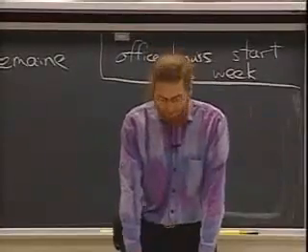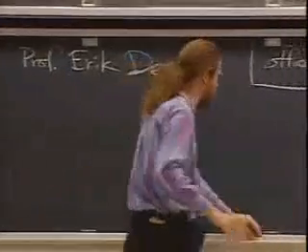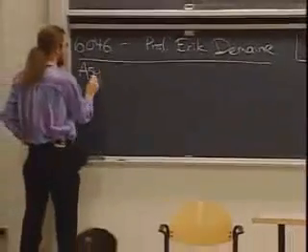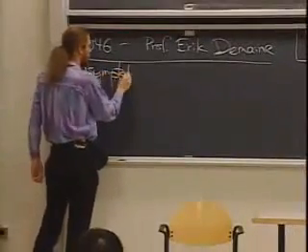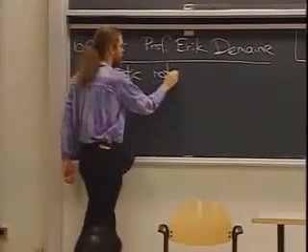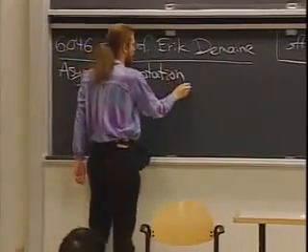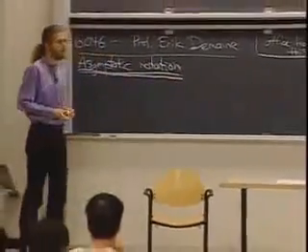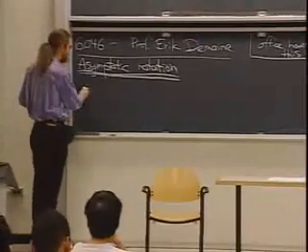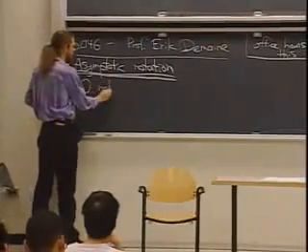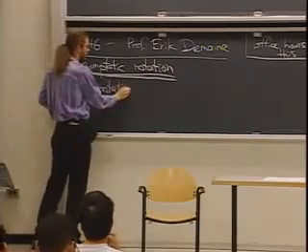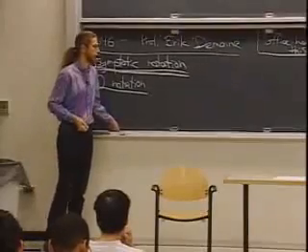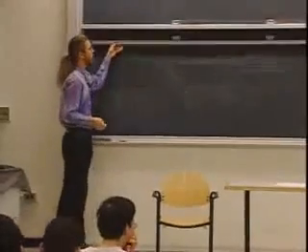OK, so let's start with asymptotic notation. We've seen some basic asymptotic notation, things like big O notation. I'm sure you've seen it in other classes before. Today we're going to define this rigorously so we know what's true and what isn't, what's valid and what isn't.